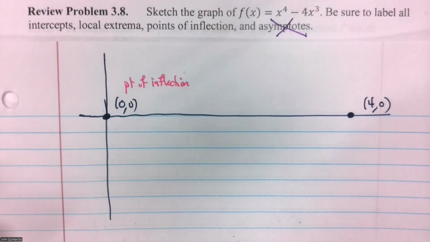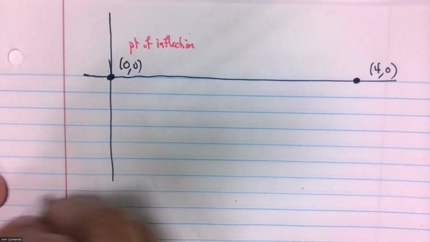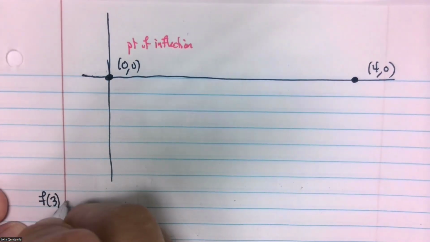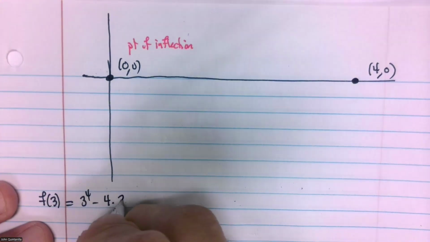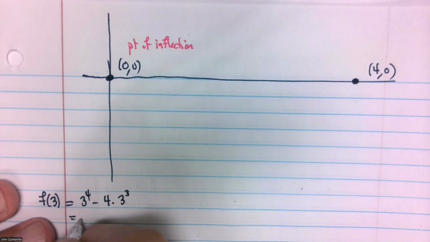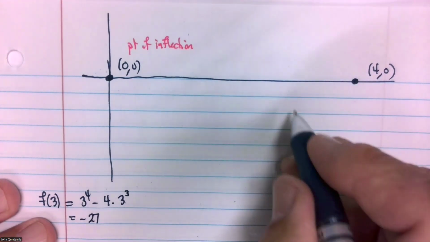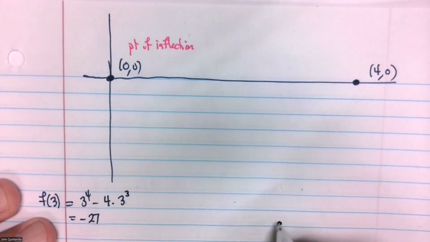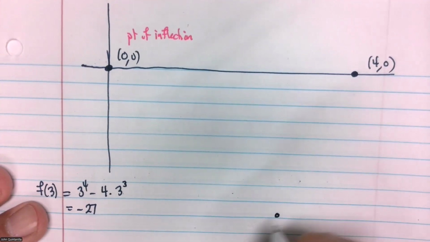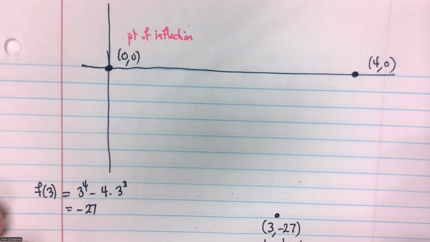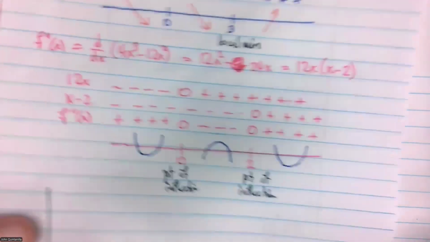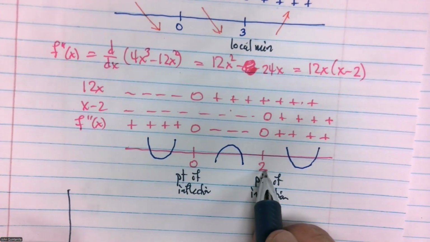And so if I plug in f of 3, f of 3 is equal to 3 to the 4th minus 4 times 3 to the 3rd. That's equal to negative 27. And so the point 3, negative 27 is going to be on the graph. And that's a local min. I also know that 2 is a point of inflection.